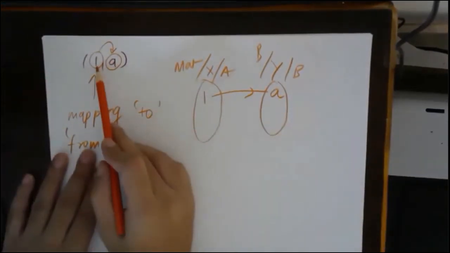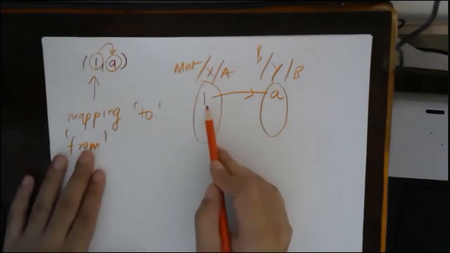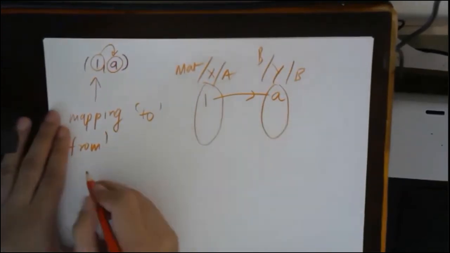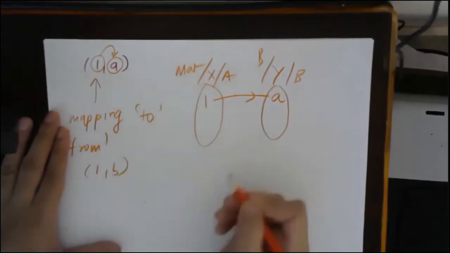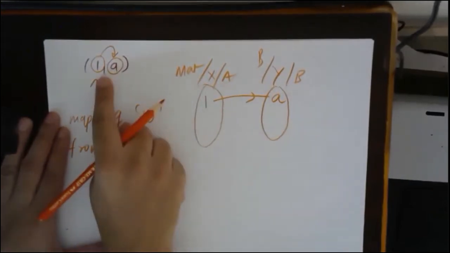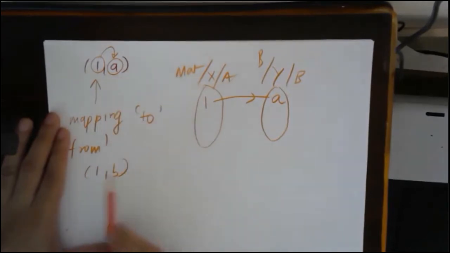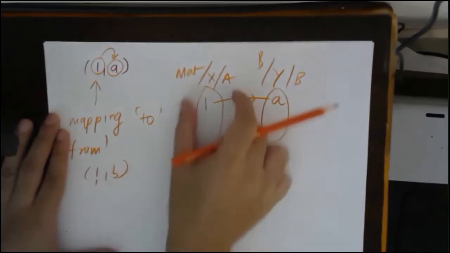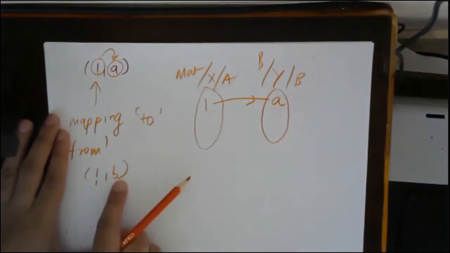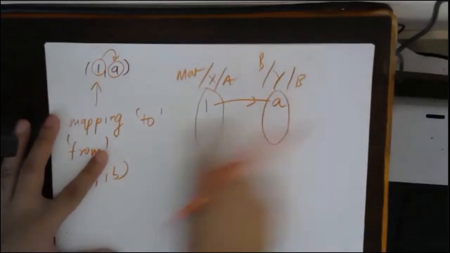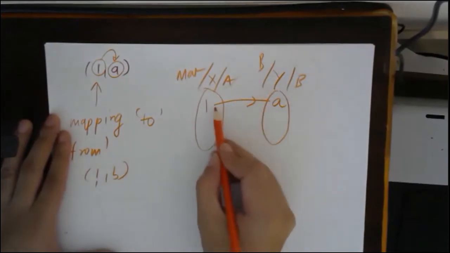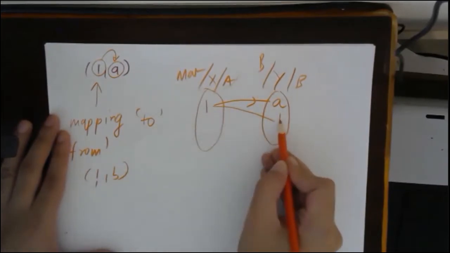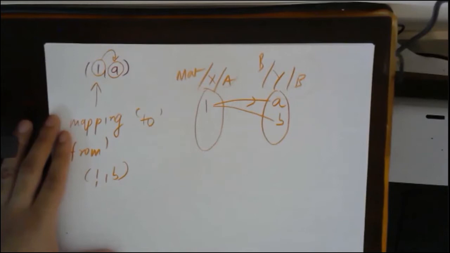Suppose I write 1 to B. If I look at the same notation, that means 1 was from the first set, and this is linked with another element of the second set, which is B. So now here 1 is also linked with B. Understood? Fine.